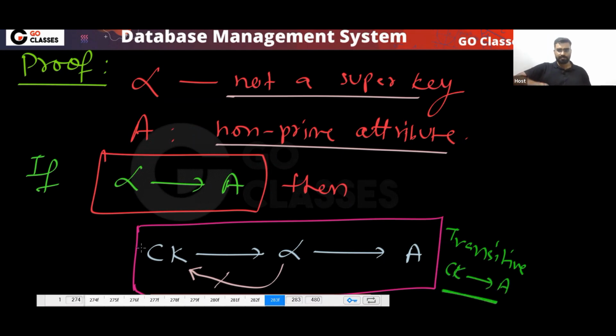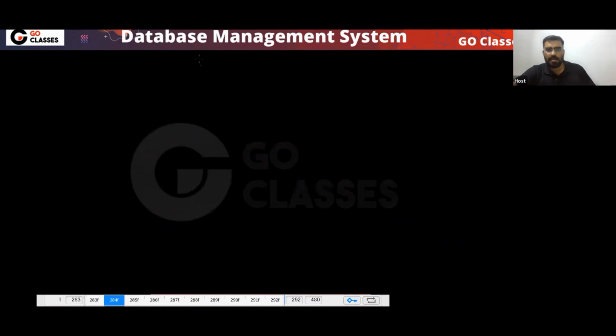Is this clear? This is your transitive dependency. Let me know, did you get it? Anyone has any doubt?